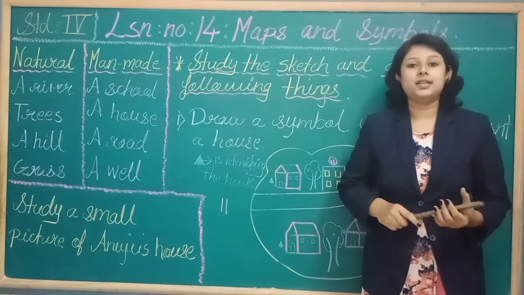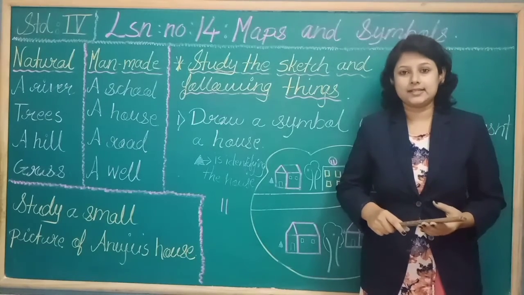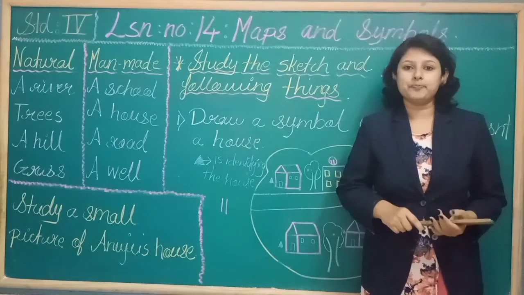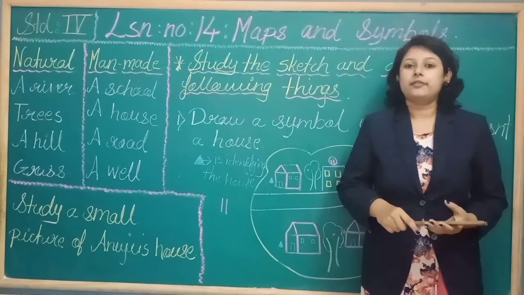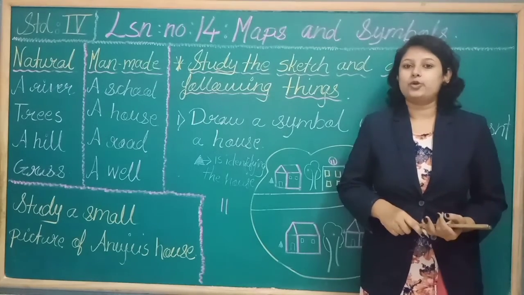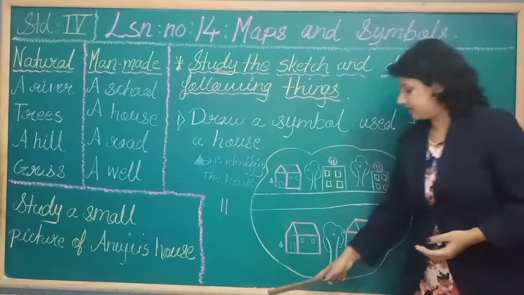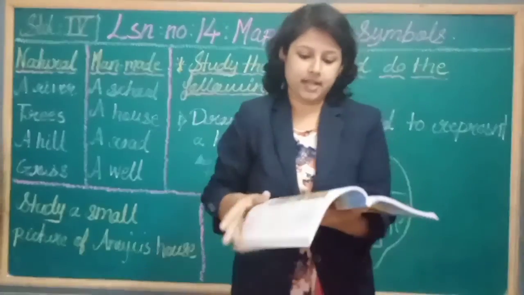Because we find it easy to find those places and things in the map. If more than one place defines the same thing, then it's easy for us to find them with the help of symbols. Now, let's see a map that is in the textbook.